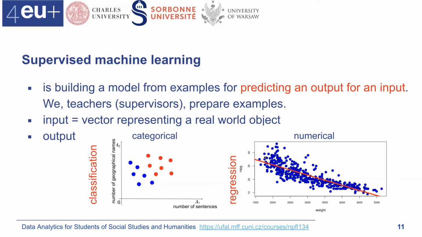I said that for the task of word sense disambiguation, an input is a sentence with the word line. But to approach it, or to show computers how to learn from these examples using machine learning algorithms, we have to represent an input, or we have to represent real world objects, like sentences in this task, and we represent them using a vector.